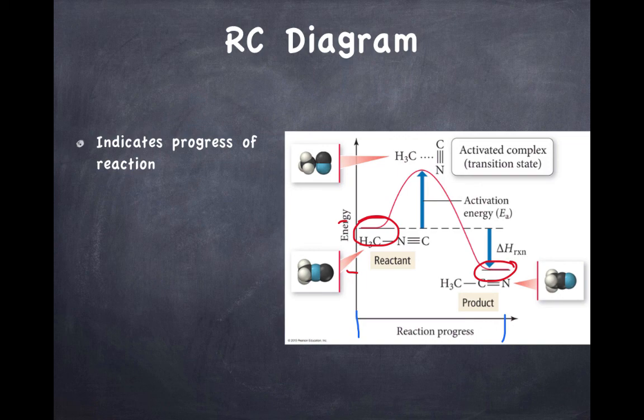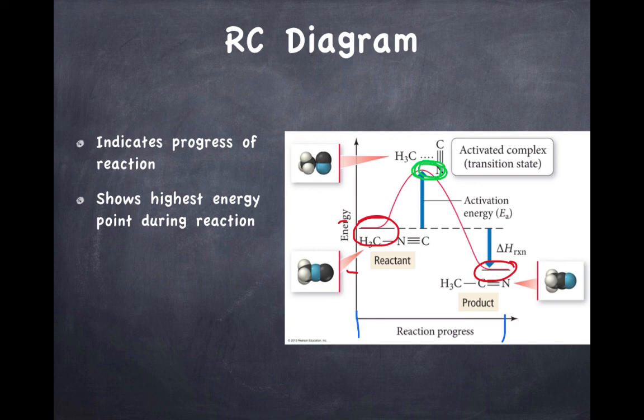But this RC diagram does indicate where energies lie during the progress of a reaction. It shows the highest energy point during a reaction, right up in here, and that's where bonds are starting to break and starting to form. It's the highest energy in that reaction, and the species that exists at that top energy has a couple of names.